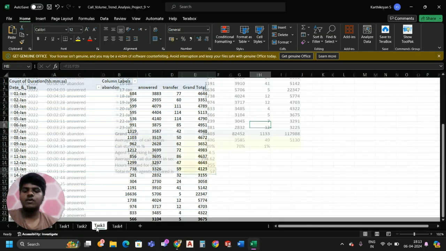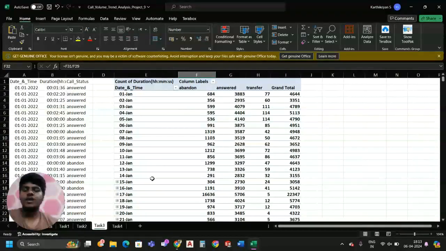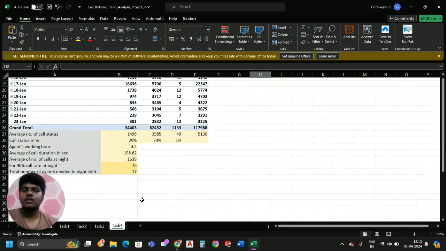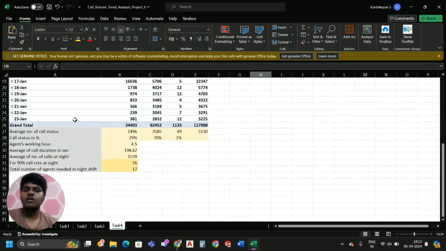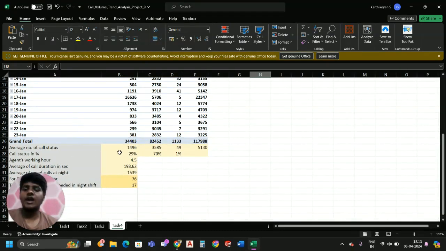Here in task 4, we have taken the same pivot table we created in task 3. Here we have the total number of abandoned calls, answered calls, and transferred calls, and also the total number of calls received. To know the average, I have used the AVERAGE function from B3 to B25.